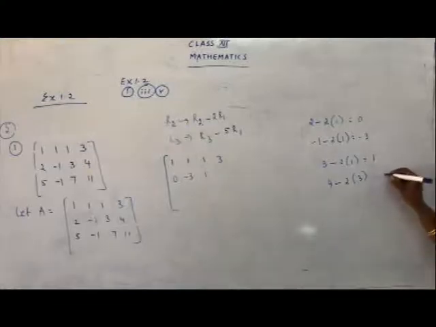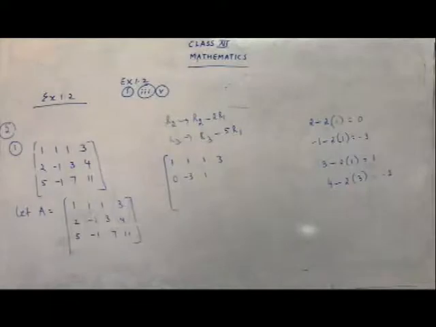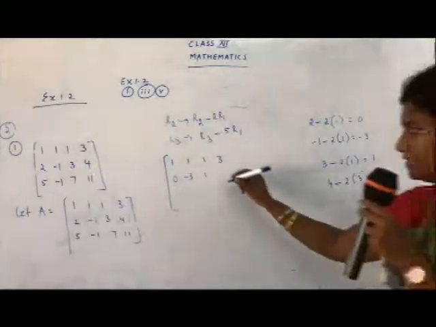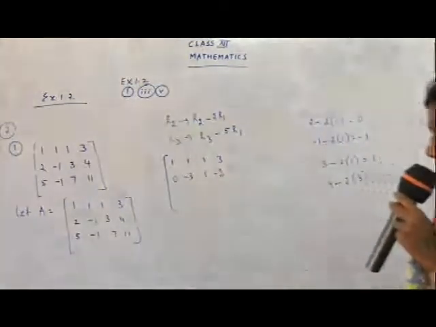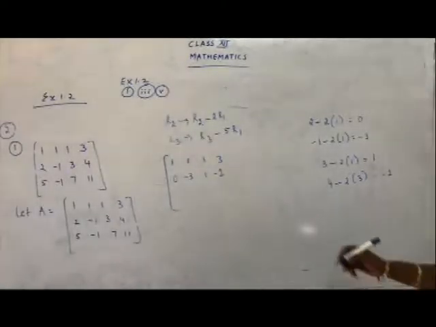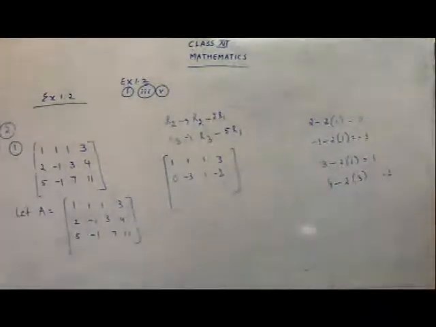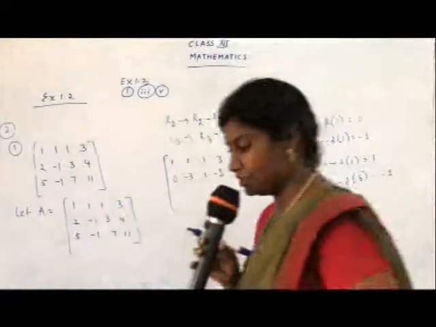Minus 2. So you get minus 2 here. The row is 0, minus 3, 1, minus 2. Let's complete R3. I will give you some time. Complete the conversion for the third row.